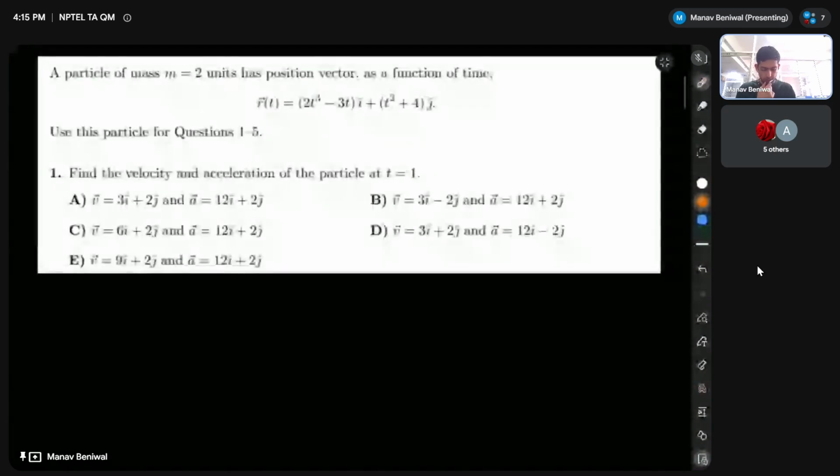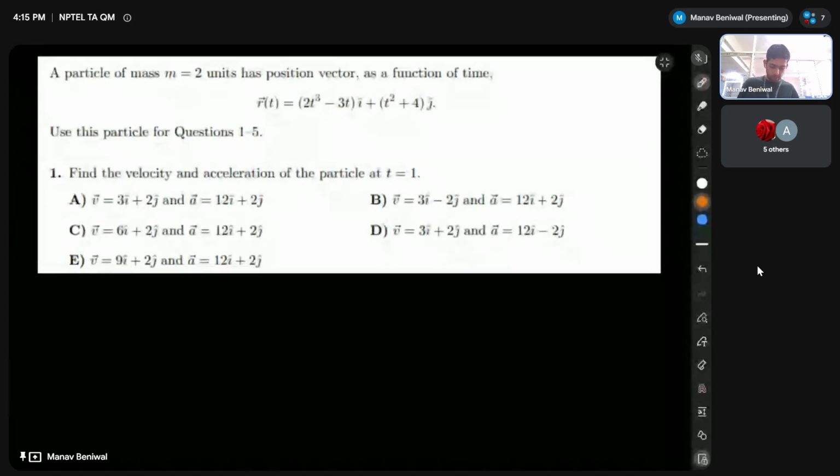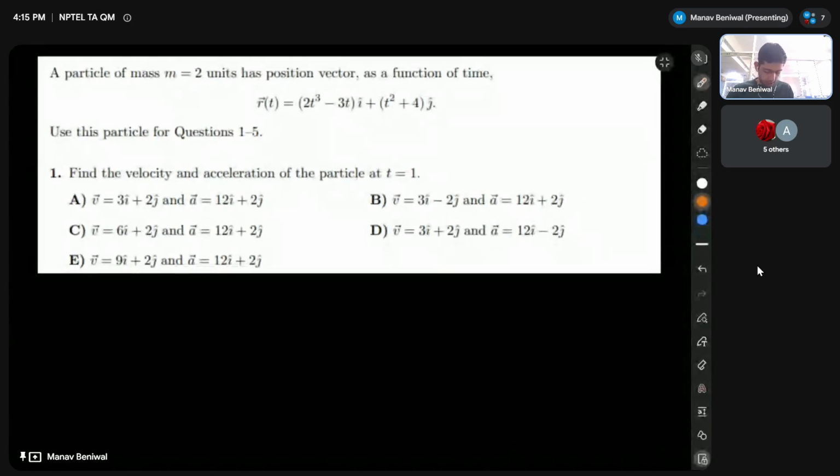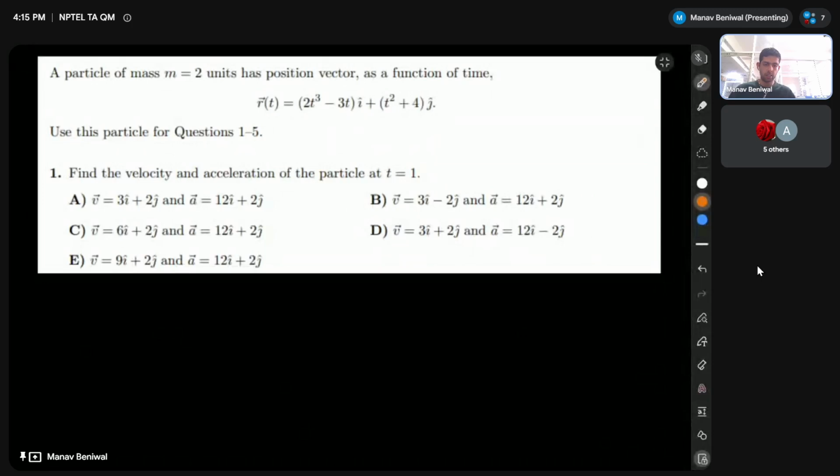So let us start by solving some problems. The first five problems are very straightforward, like warm up problems. So we'll go through them a little quickly. If you think I am going too fast, you can unmute yourself and ask me to slow down.